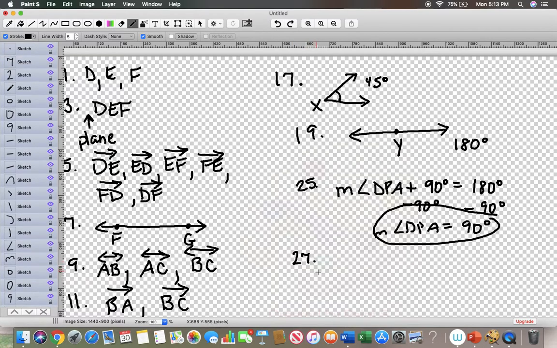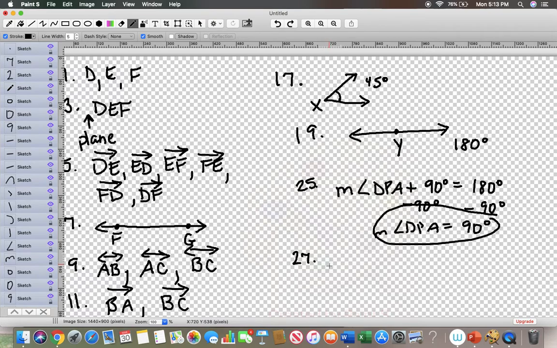Number 27. What is the measurement of angle CPD? Well, we just found out that angle DPA is 90 degrees. Therefore, all of the angles inside of that 90-degree angle must add up to 90 degrees, correct?